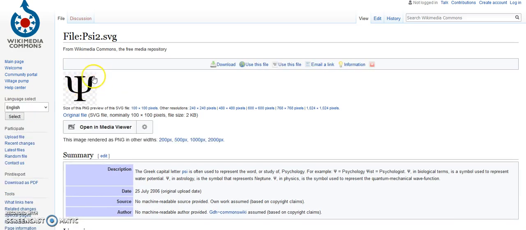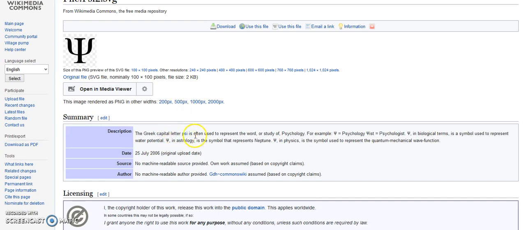You can see this is the letter psi, or actually it's pronounced psi in the Greek, but it says it's often used to represent the study of psychology. For example, the symbol is used for psychology or psychologist.